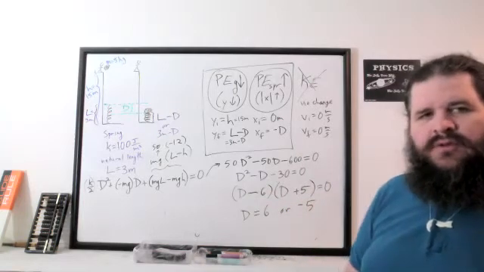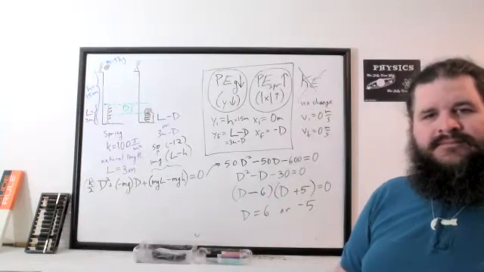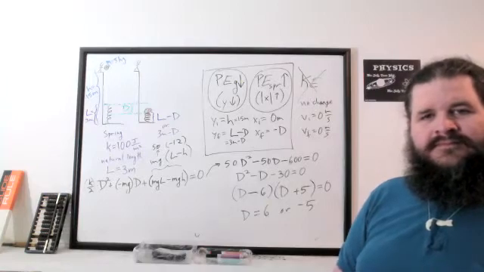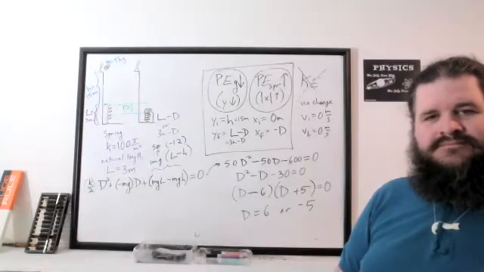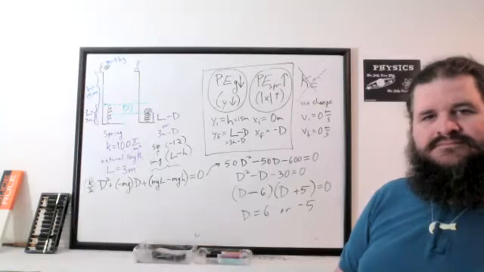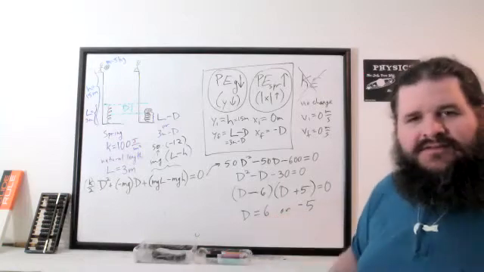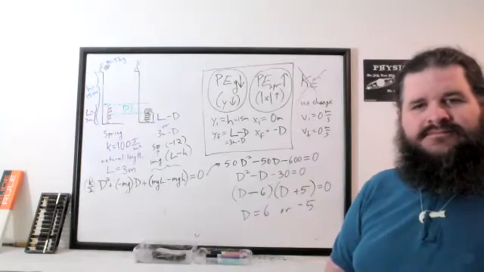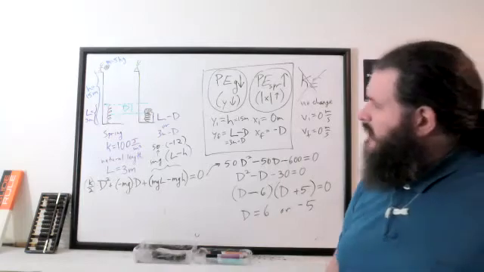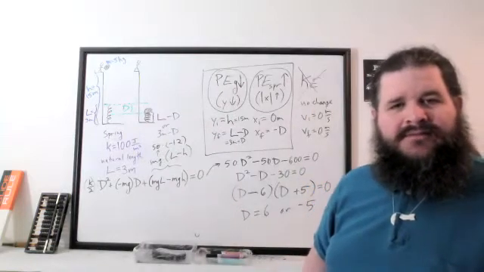And of those, which one should we be using? And why the -5 or why the 6? What were we assuming about the value of D in the first place? Were we assuming D was a positive number or a negative number?